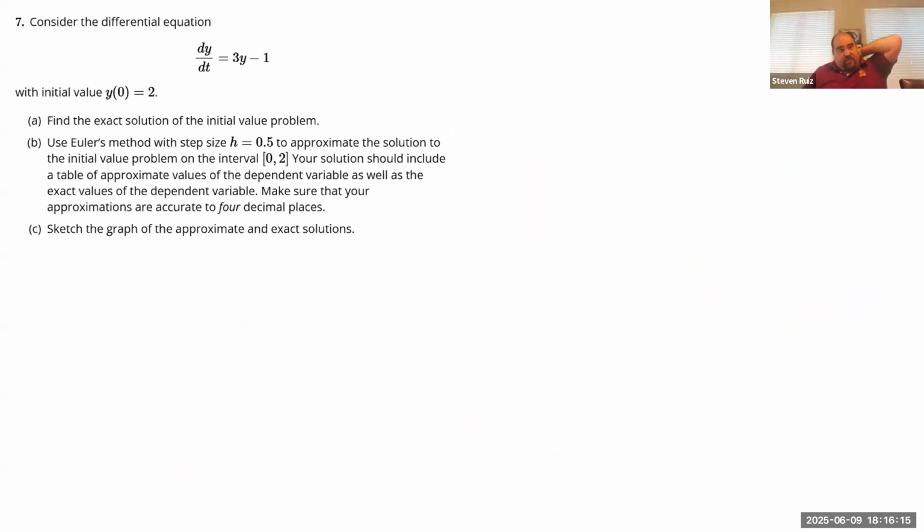All right, so I have this differential equation. So part A is to find the exact solution. So this is something I can do because the variables separate here. So part A, I can separate the variables into dy over 3y minus 1 equals dt. Integrate.